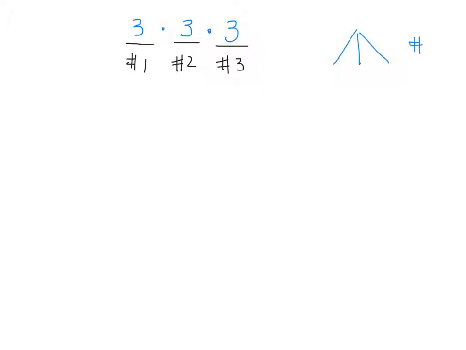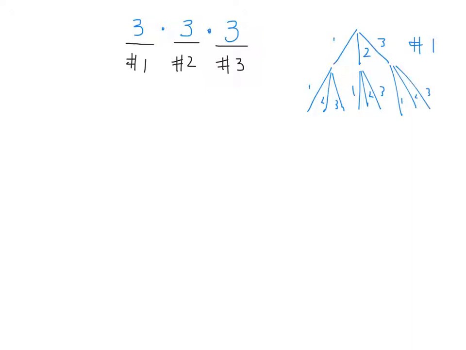This corresponds to having a decision tree, or a tree that tells you what's going on, that says here's the first digit, and you could put 1, 2, or 3 in the first digit. Off of each of those digits you can put 1, 2, or 3. Off of each of the middle digits you can put 1, 2, or 3, and off of each of the last digits you can put 1, 2, or 3.